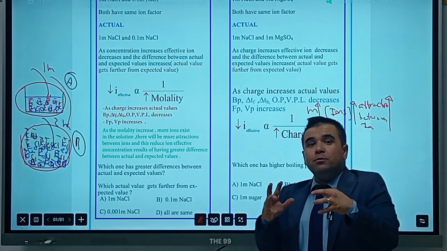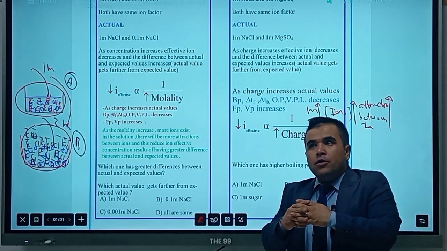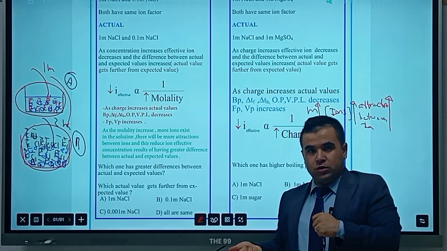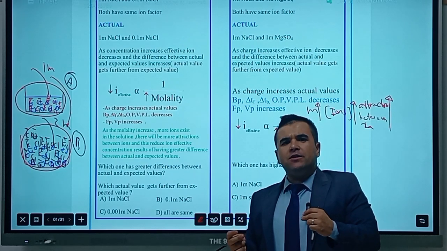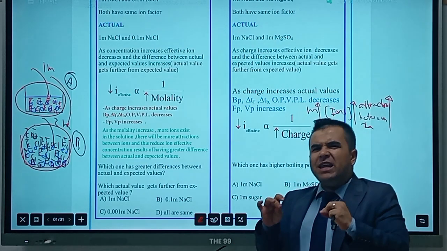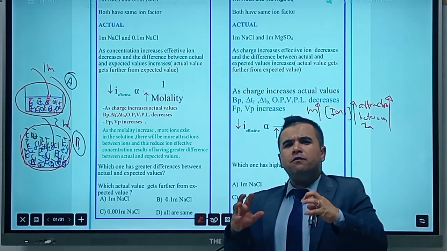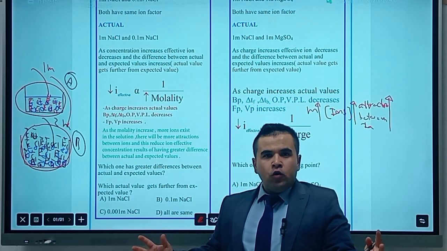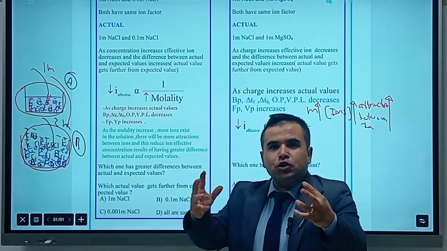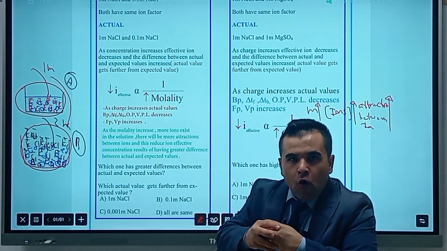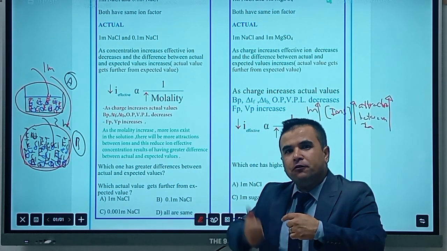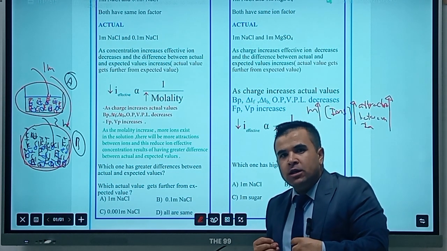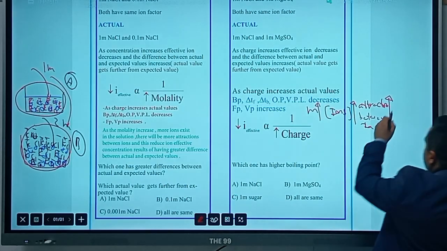And as the attraction between the ions increases, there will be a lower effective concentration of ions. What do we mean by the effective concentration of ions? We mean exactly the free individual ion concentration in the solution. So as the attraction between the ions becomes greater, the actual concentration of the ions reduces.